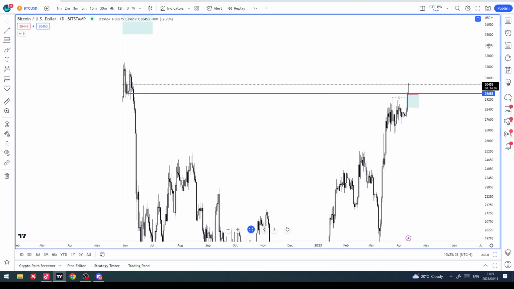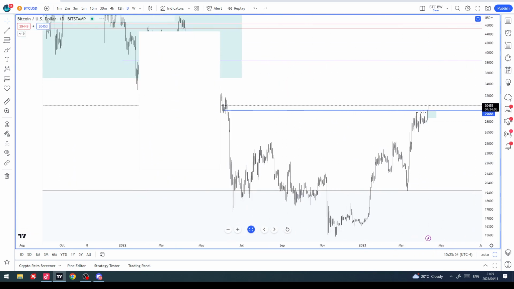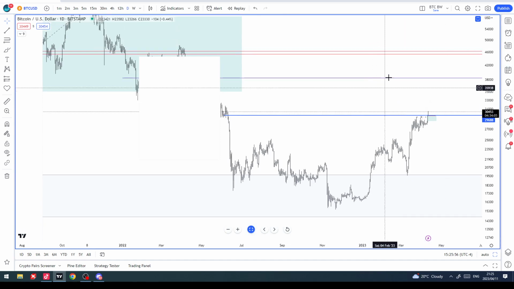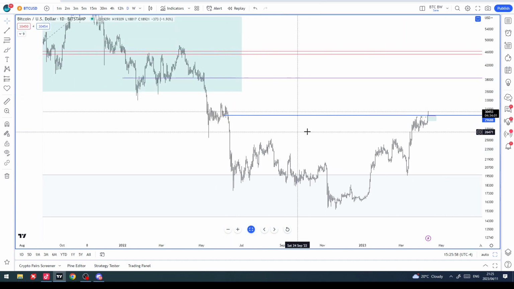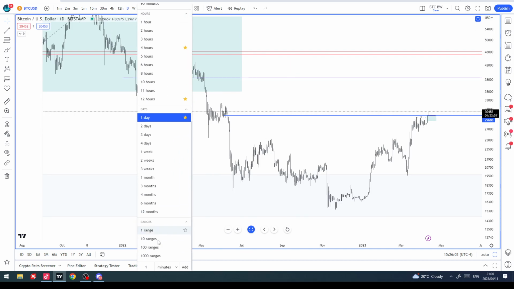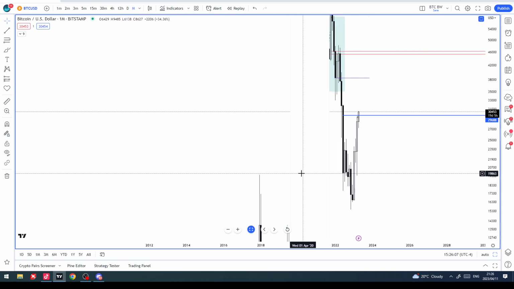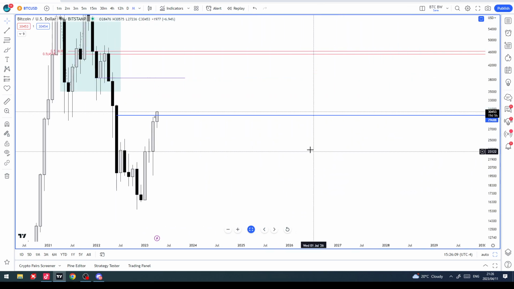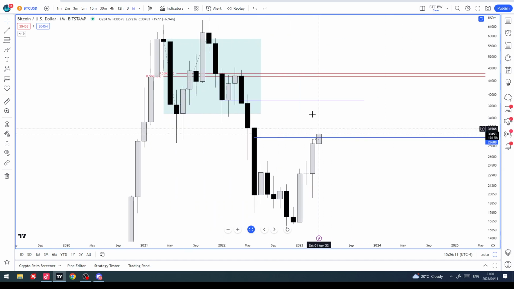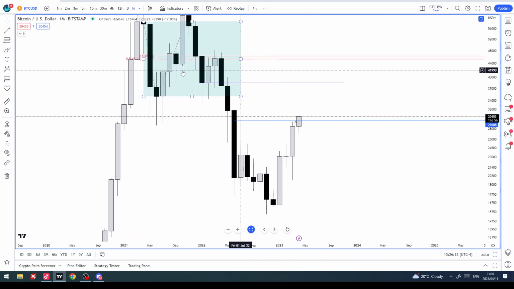Now the question here is, are we going to push straight up to 32, 35, 38K? Let's go back to a monthly and put in a fib tool and fib the range with the drawn liquidity being, let's call it this high here, right?